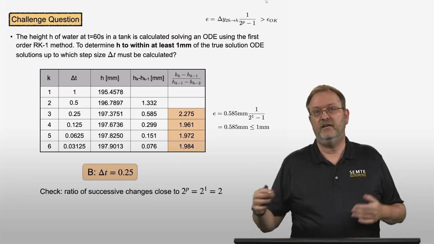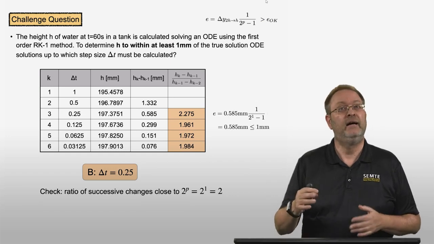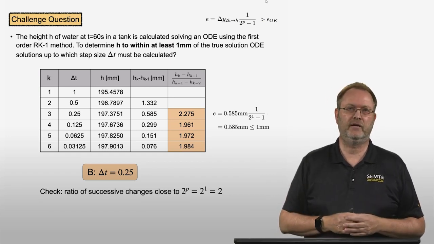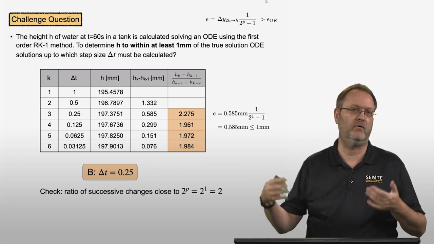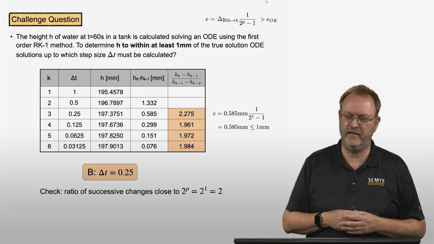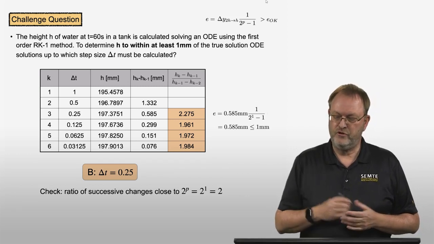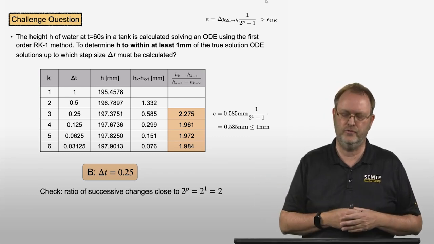Now, if we do this kind of analysis, we have to check whether our changes in the numerical results actually reduce with 2 to the power p. So that's what's shown here in the last column. Those ratios should be close to 2 to the power 1, so close to 2.